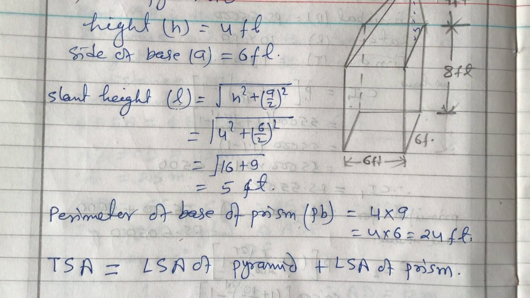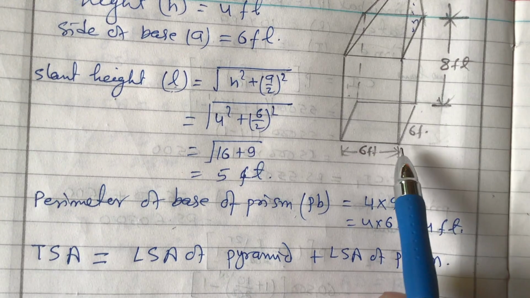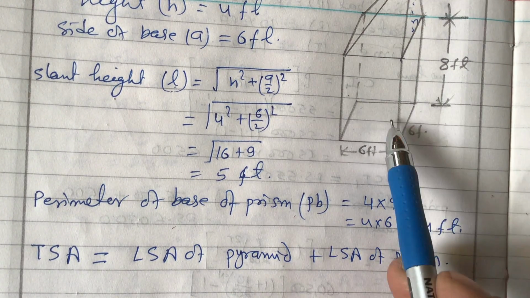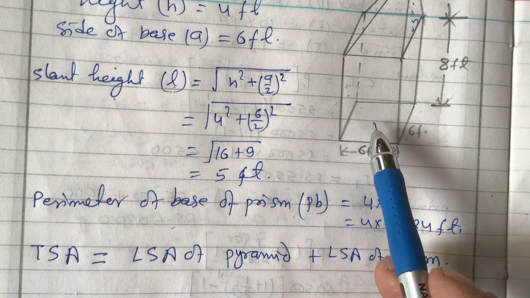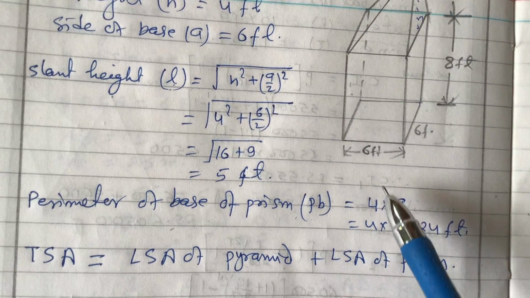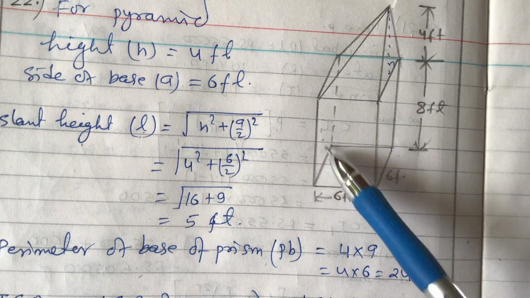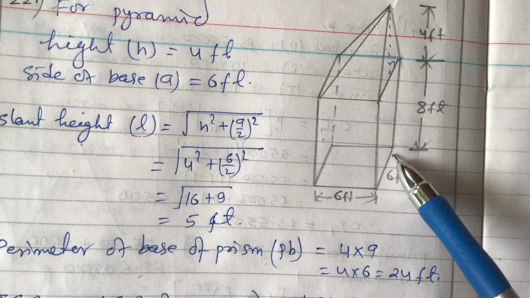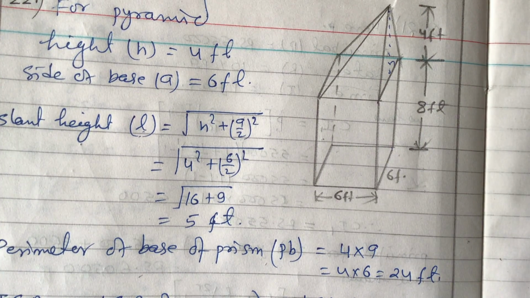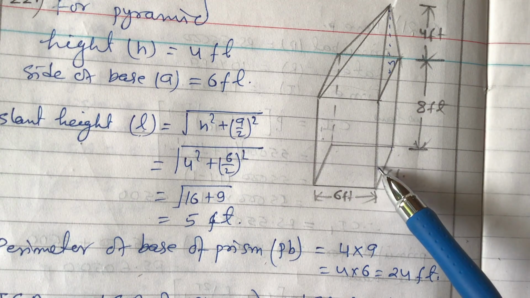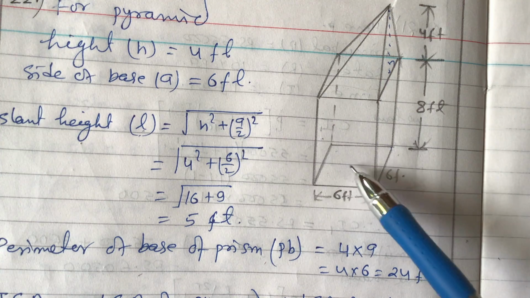Here you may add the base area also, but we don't need to, because while painting the pillar we will paint this lateral surface area, and this lateral surface area also, but this base will be on the ground, hidden, so we will not paint this base. So there is no need to find the base area here.